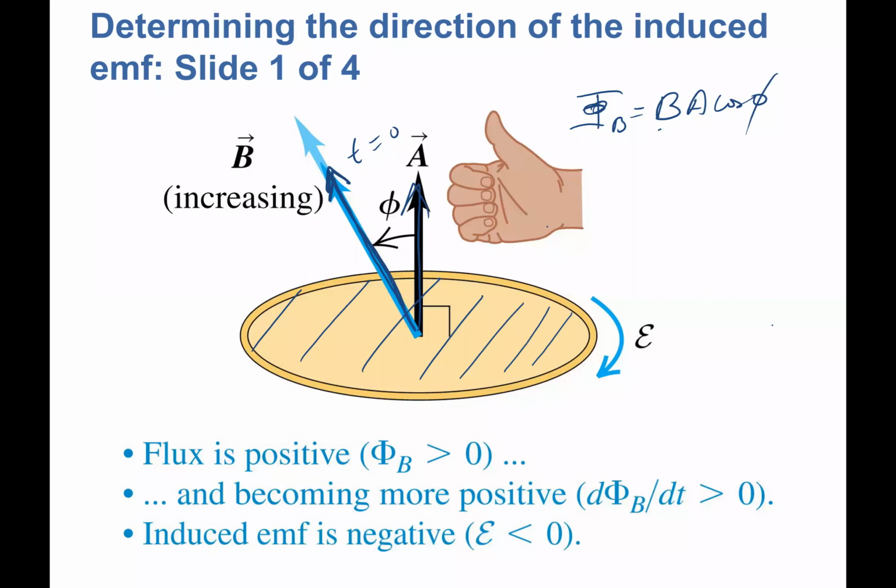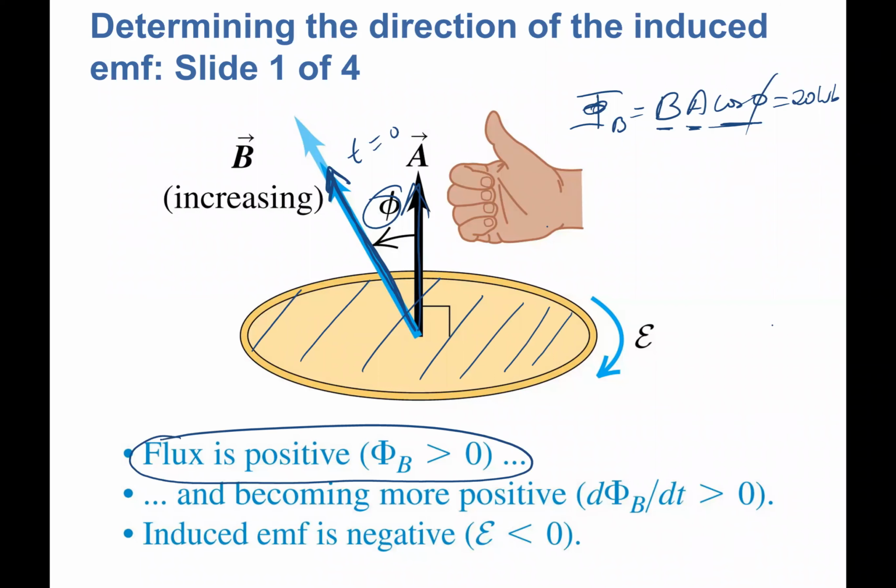Because I have a magnetic field, I have a coil with some area A, and I have an orientation such that B and A give me a phi that is not 90 degrees. So BA cosine of phi is some kind of value. For example, I will calculate, I don't know, 20 Weber, just shooting a number. So if I calculate that, this is what I get.